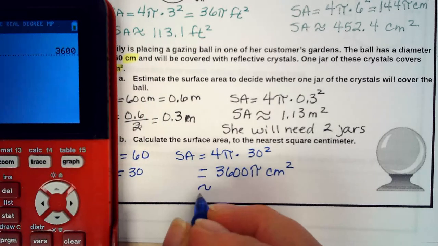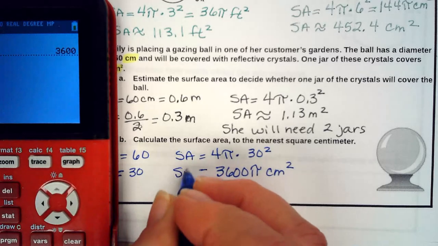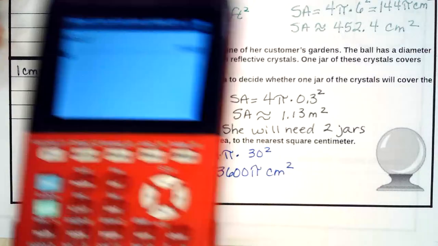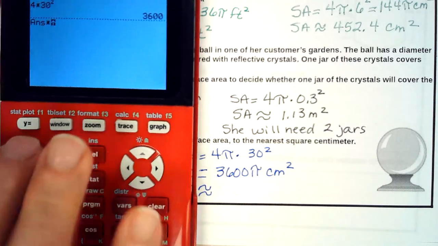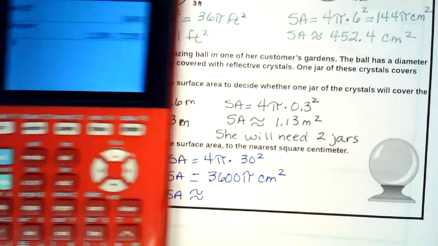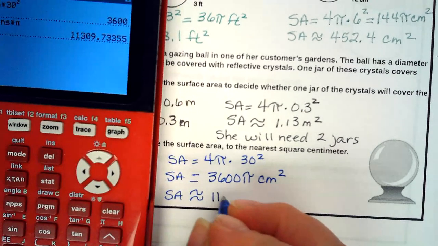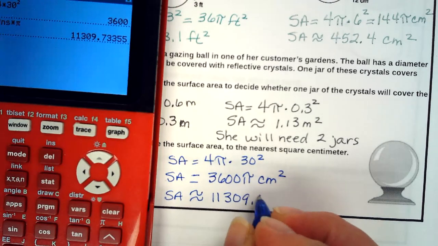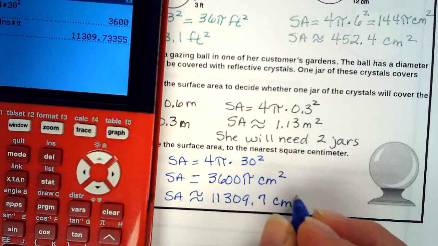This is approximately, just going to take it and hit times pi, 11,309.7 centimeters squared.